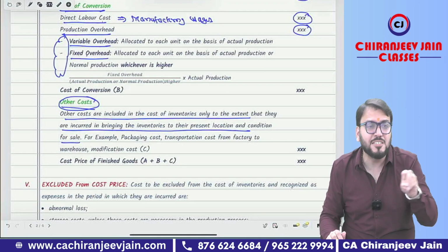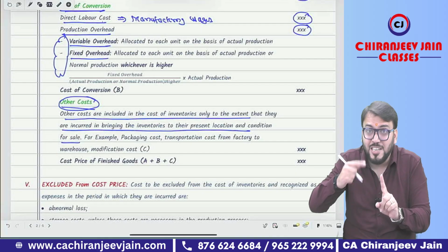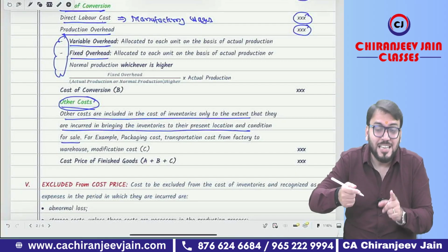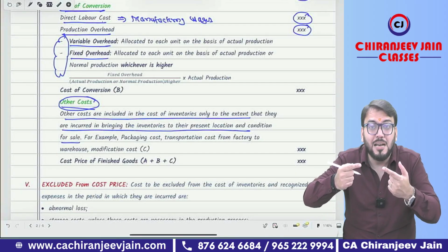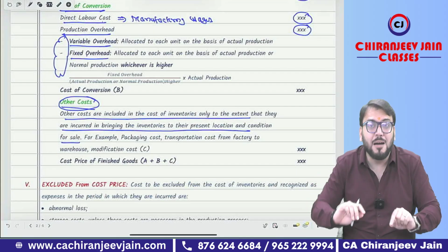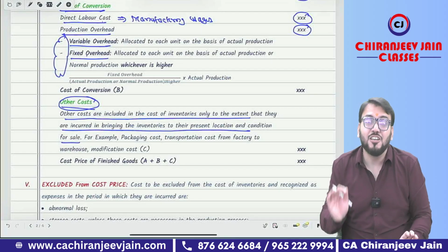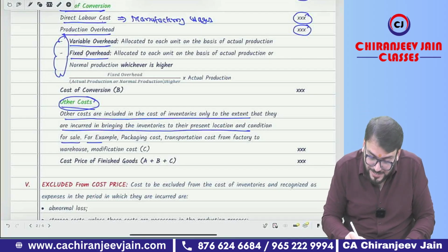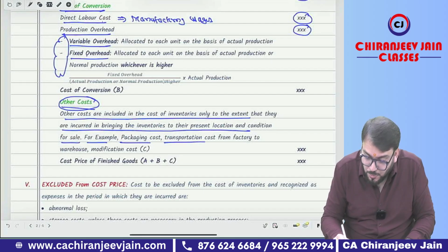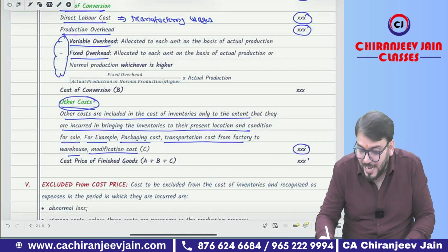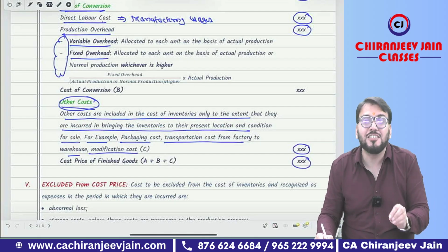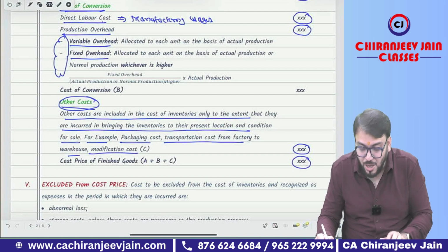Some customers require some modification. So whatever modification you are doing in the production which has been completed will also be added. Got this point? Yes, sir. So for example, packaging cost, transportation cost from factory to warehouse, modification cost, all will be added, and this sum total will be the cost price of finished goods.